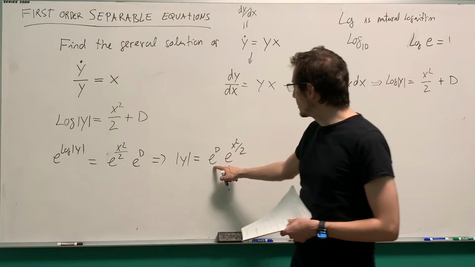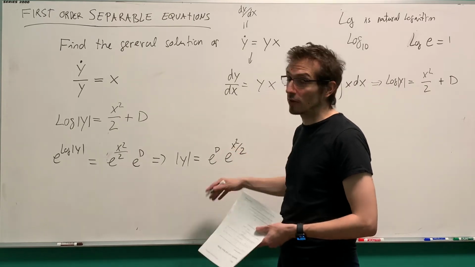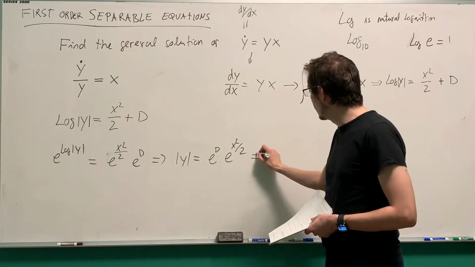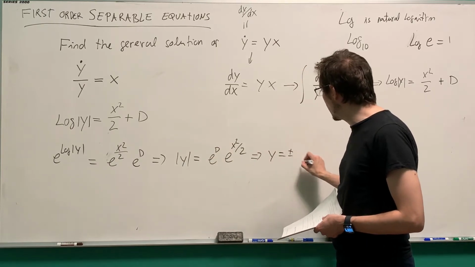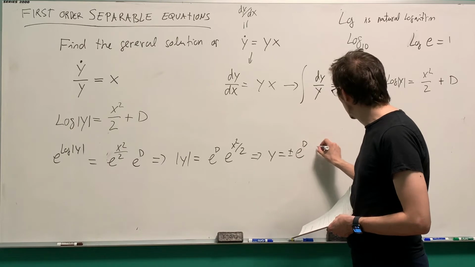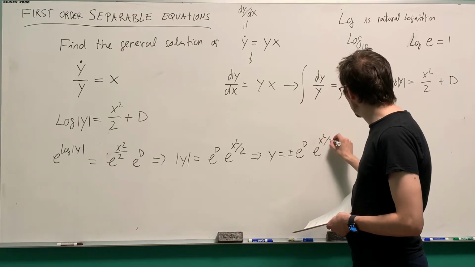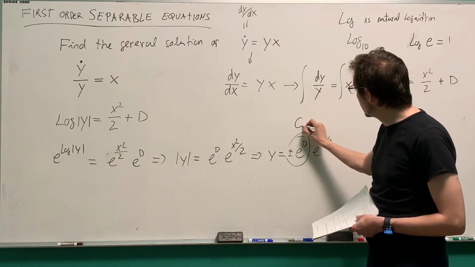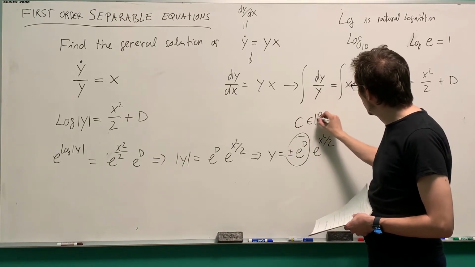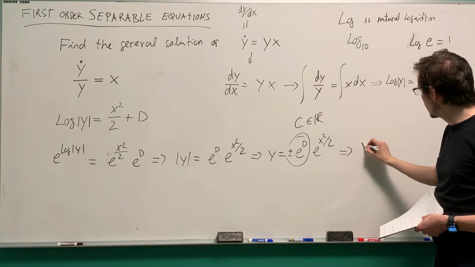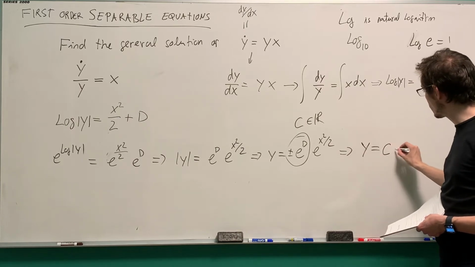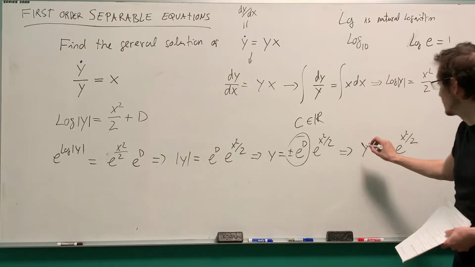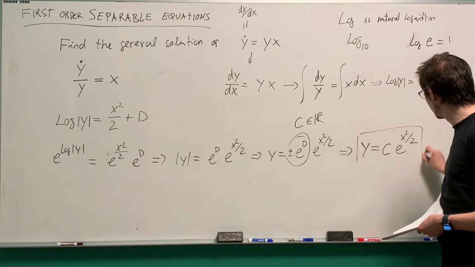Now, this is a constant. The exponential of a constant is actually a positive constant, but this is an absolute value, so actually y is equal to plus minus e to the d e to the x squared divided by 2. I call this plus minus e to the d a constant c that can be any number, and the solution is that y is equal to some constant times exponential of x squared divided by 2. And that is the solution. That is y of x.